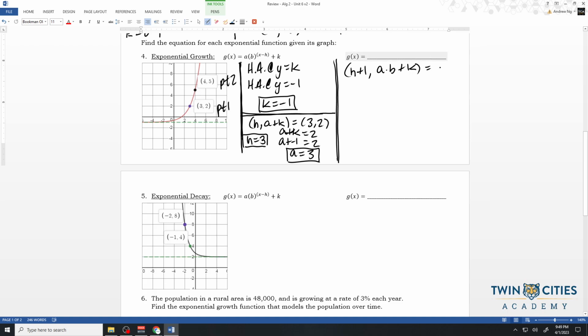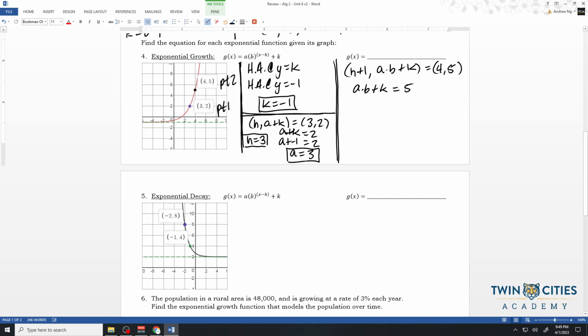So I can say that this is (4, 5). Now, I don't care so much about the left parts here, because h plus 1 equals 4. This is only going to help me solve for h, which I already have here, h equals 3. But what I do care about is the right side. This is a times b plus k is equal to 5.